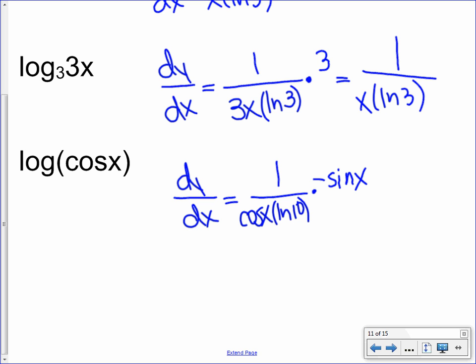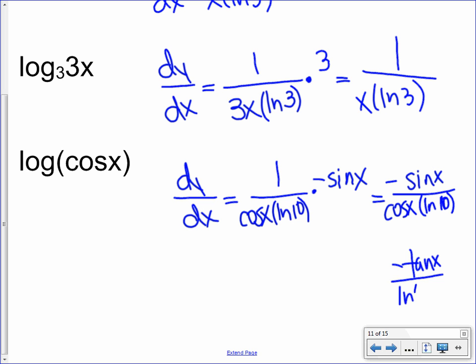Negative sine of x. If you write it as negative sine of x over cosine of x times natural log of 10, I would accept that. How else could you write it? Negative tangent over natural log of 10 would also be fine.